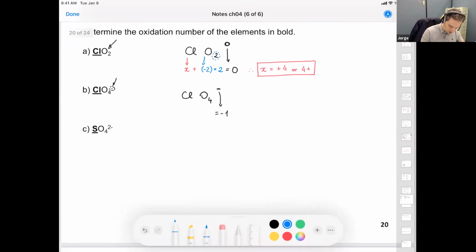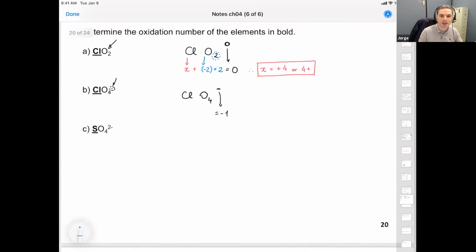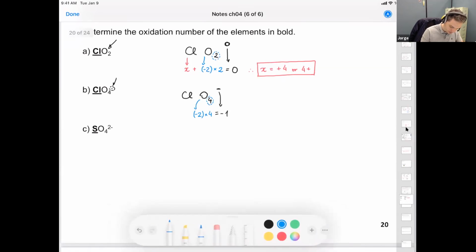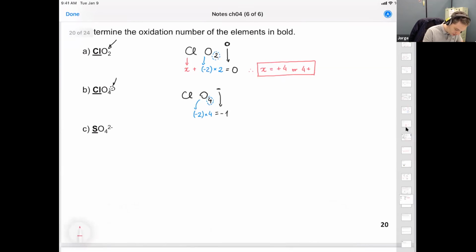Then we do basically the same thing that we have been doing. The oxidation state of the oxygen is -2. Attention here, because we have 4 atoms of oxygen, therefore we need to multiply by 4. And the oxidation number of chlorine is what we are looking for.